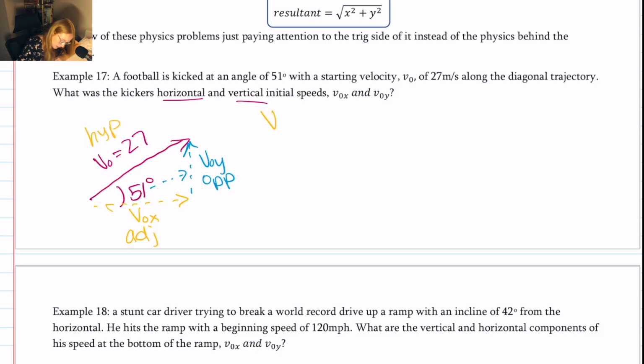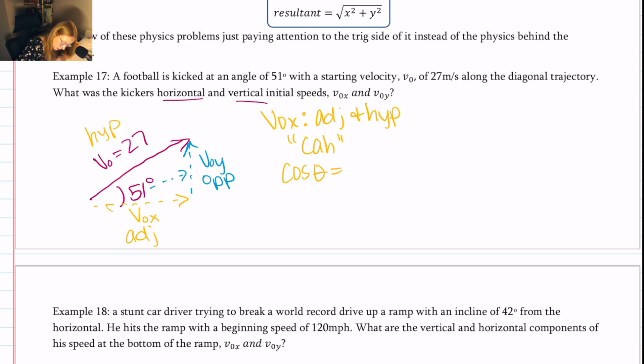Let's start with V0 x. We need to figure out what that is. Well, V0 x is the adjacent, and we already have the hypotenuse. So adjacent would be a cosine function. Cosine of theta equals adjacent. Let's use our variables though.